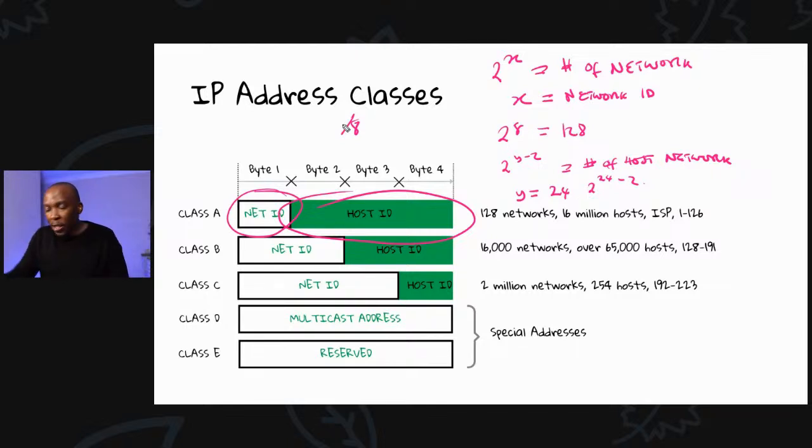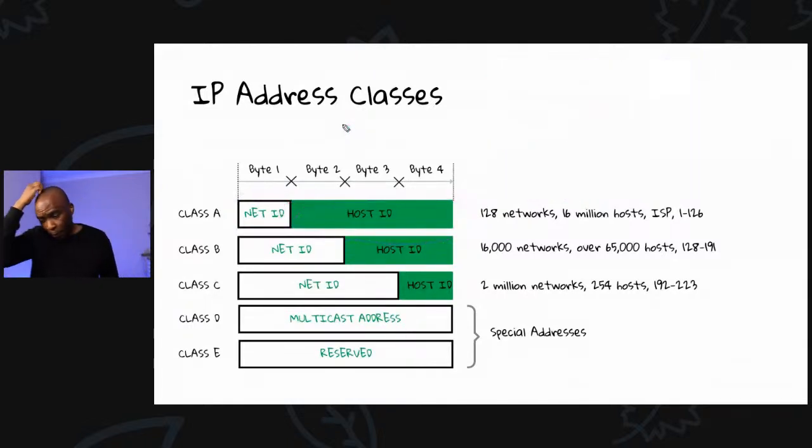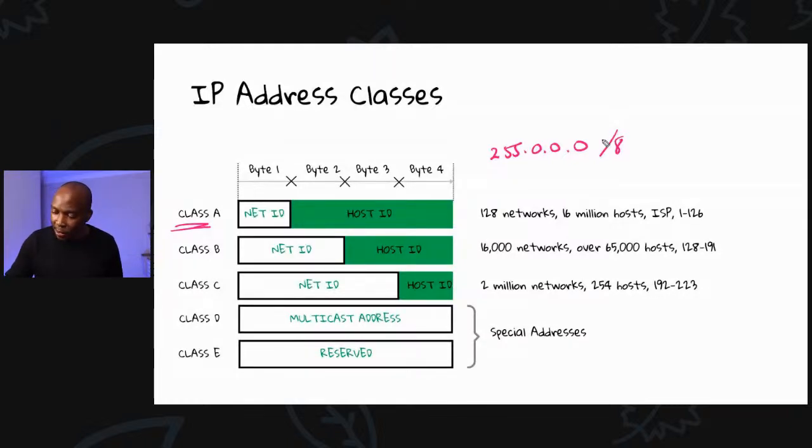We are going to do this formula part later on as its own topic, but I thought I'd introduce it. So, a class A address: what we need to know is that the subnet mask is 255.0.0.0, or in notation format, a /8, meaning the first 8 bits, or the first byte, or the first octet, represents the network ID, and the last 24 bits represent the host ID.